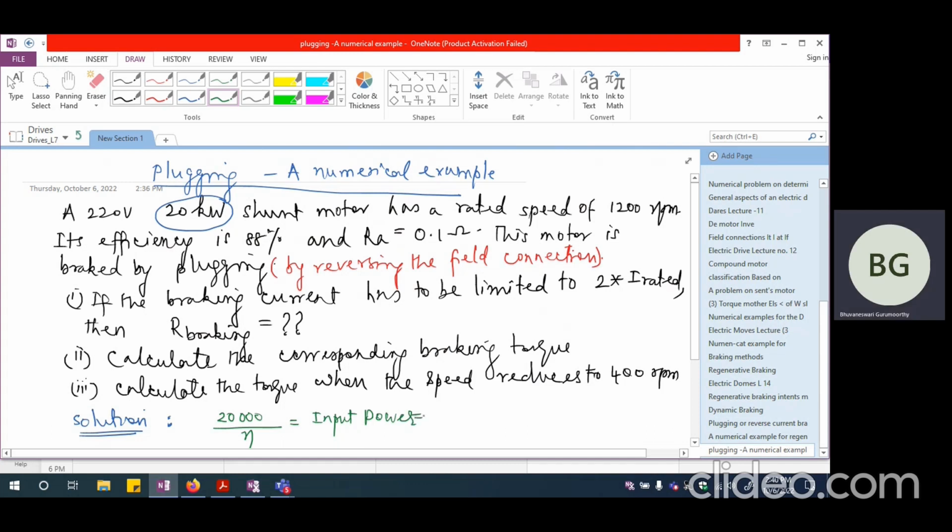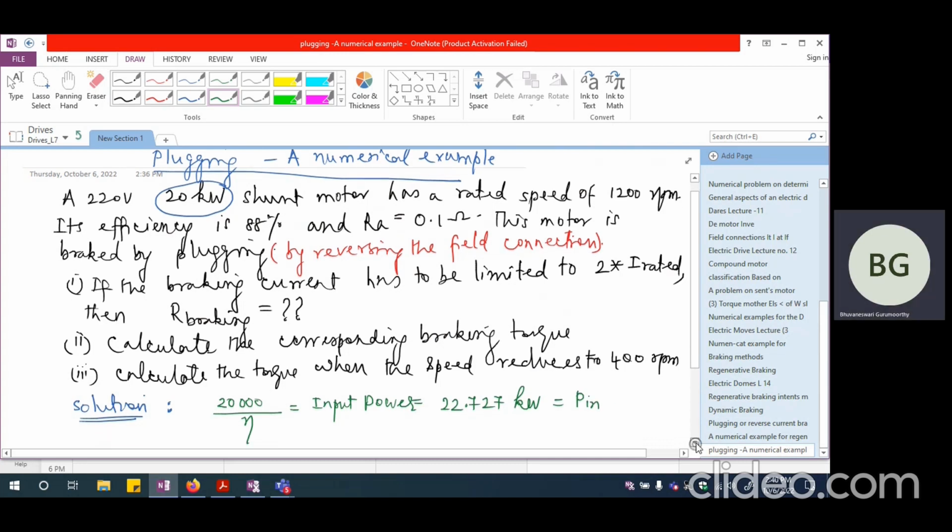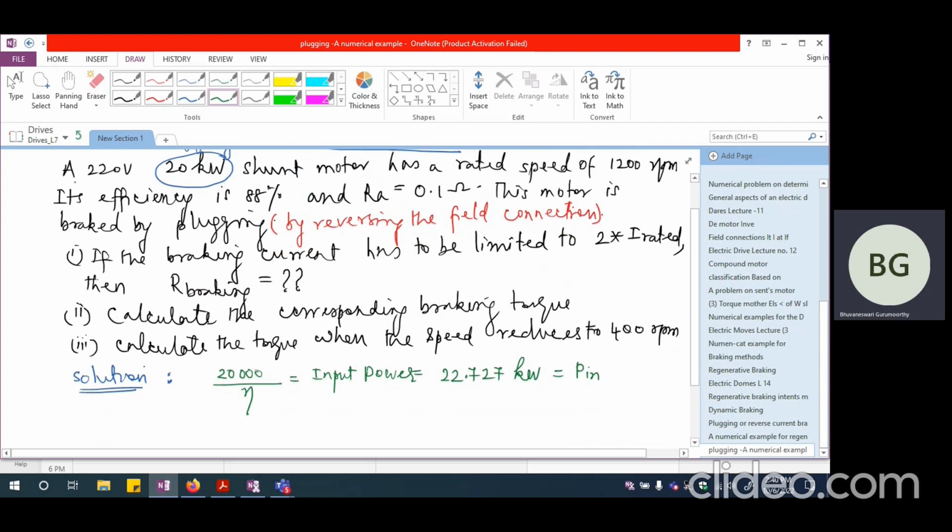So this is 20,000 divided by 0.88, that happens to be 22.727 kilowatt. This is the input power. So let me call this P input. And the input power should be the product of VA and IA, or whatever is the input voltage and input current. So I should say this is equal to VA IA.